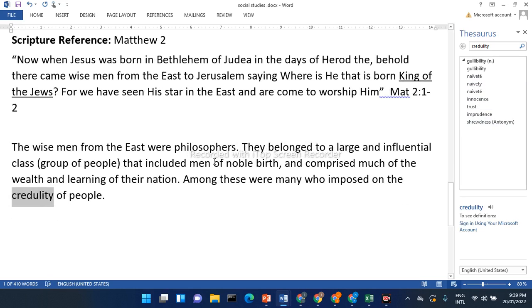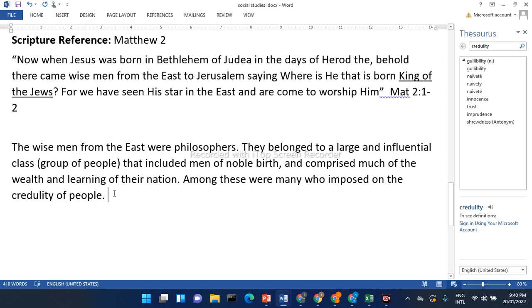So these wise men came from a large group of people who were smart and rich. Some of them took advantage of people who were not as smart as them, people who were not as rich as them, right?